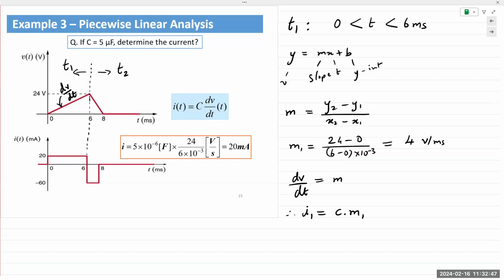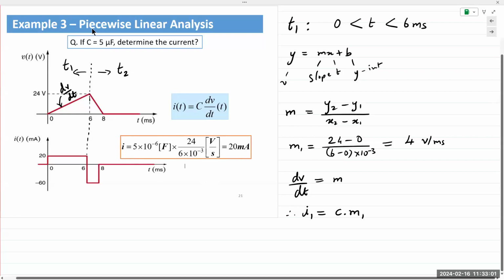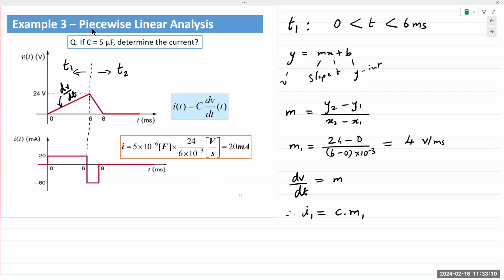So simply multiply the capacitor value with the slope of the line, and you get an answer: it's 20 milliamps. And that's all the calculation that is required. Easy enough? Let me know if you have any questions. Make sense?